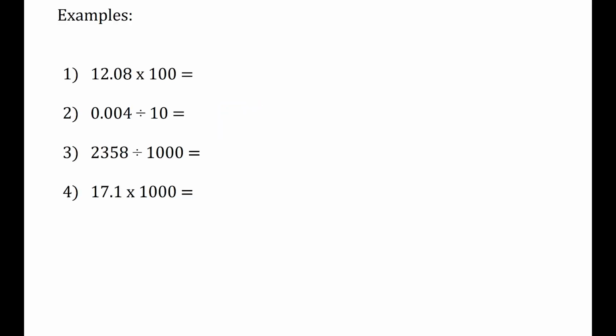Here we have some examples for multiplying and dividing by multiples of 10. Take a second to pause the video and give these a try. So first of all, we have 12.08 multiplied by 100. We have 1, 2 zeros, so we're going to move the decimal point 2 times, giving us an answer of 1,208.